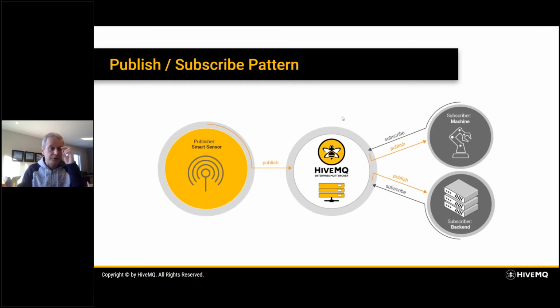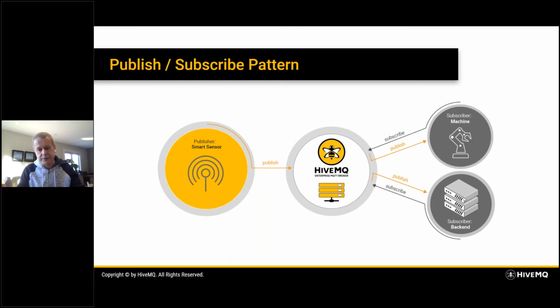So just to go into an example of the pub/sub pattern. If you have some type of sensor, let's call it a temperature sensor, that would be publishing the temperature on an intermittent basis or whenever the temperature changes, the client would publish to the broker.